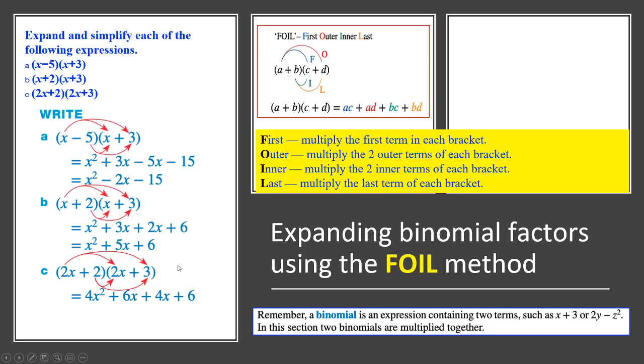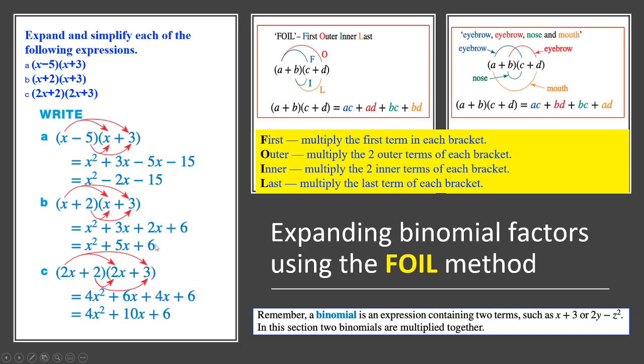Now, and again we'll simplify that, but sometimes some students actually understand this as the eyebrow or the face method, where we have eyebrow, nose, and mouth. Now it looks a little bit different from our FOIL method, but if we go through, we have eyebrow, which is A and C. We have a matching A and C over this side.